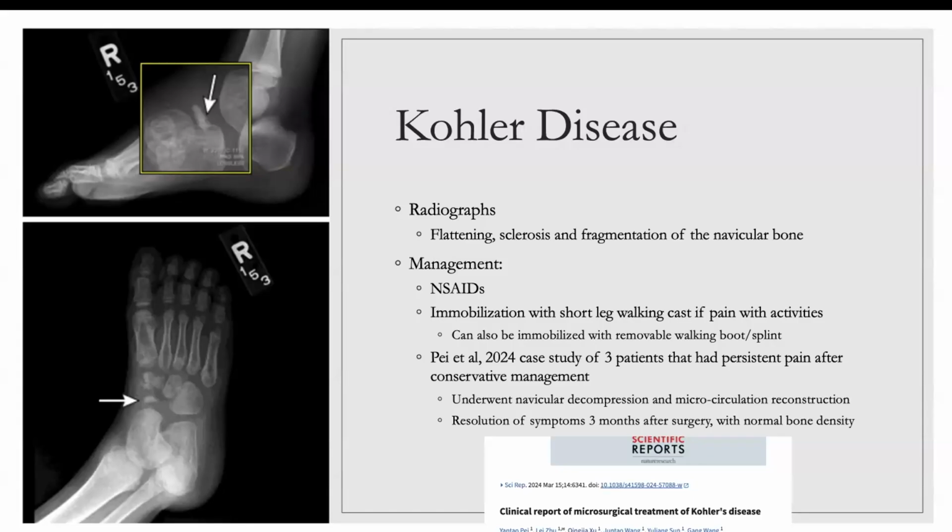And then there's this study that showed three case studies of patients that underwent navicular decompression and circulation reconstruction after they failed conservative management and then had resolution of their symptoms 3 months after surgery and did have normal bone density afterwards. And that was by Pei et al. in 2024.